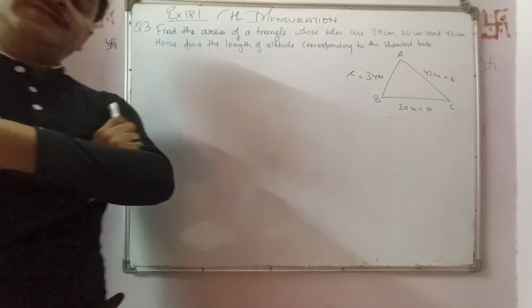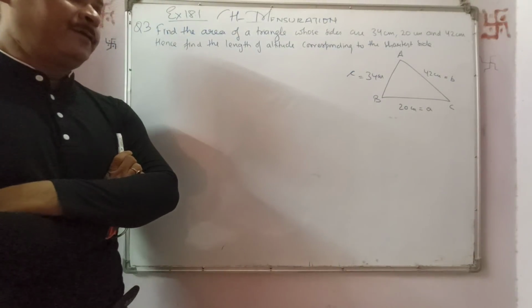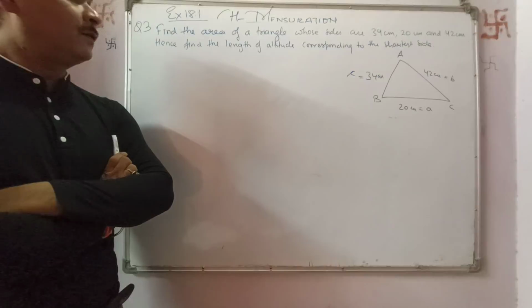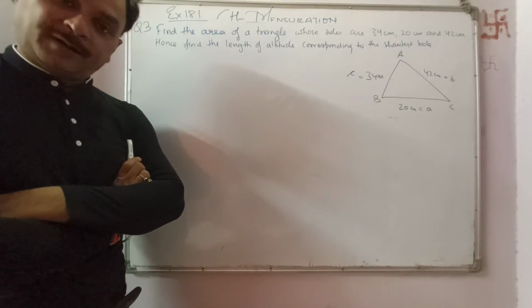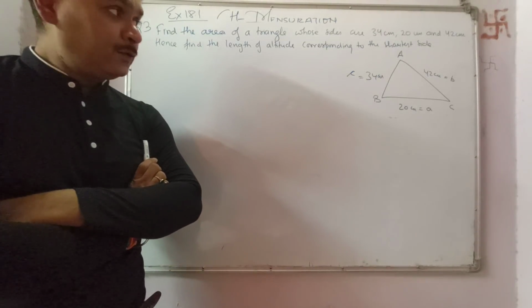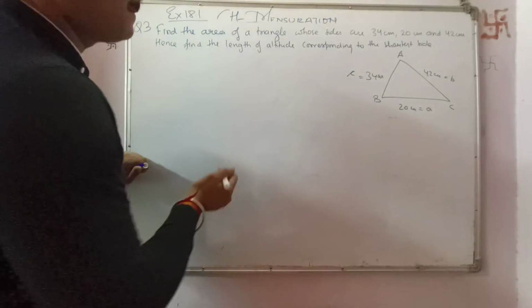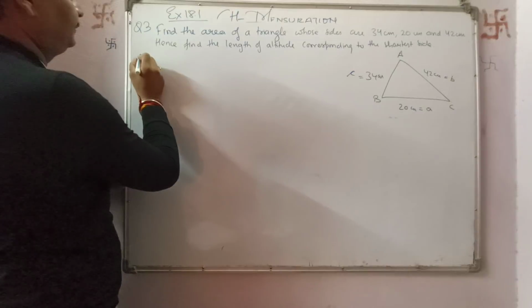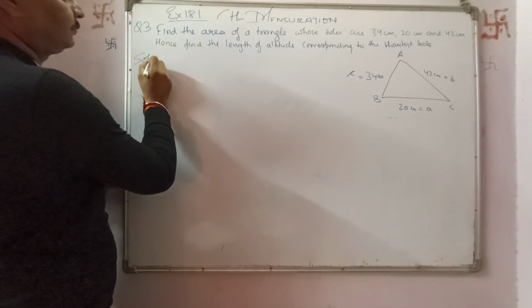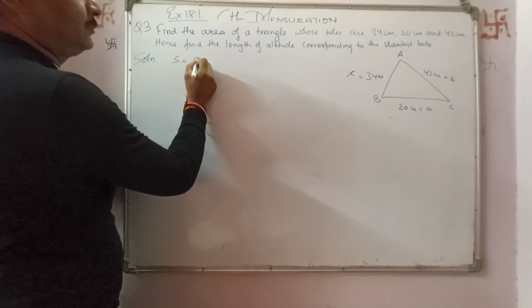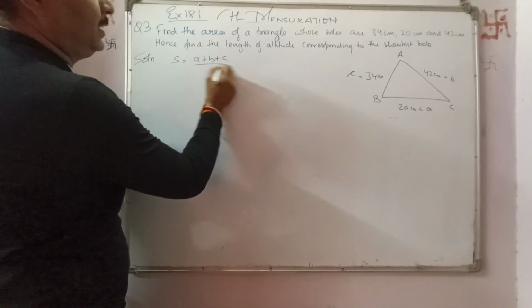Now this is the condition where we need to find the area of a triangle whose all three sides are given. So we need to use Heron's formula. First we'll find the semi-perimeter. S is equal to A plus B plus C by 2.